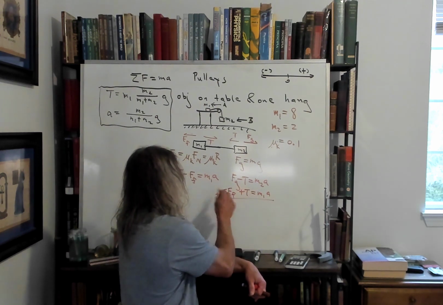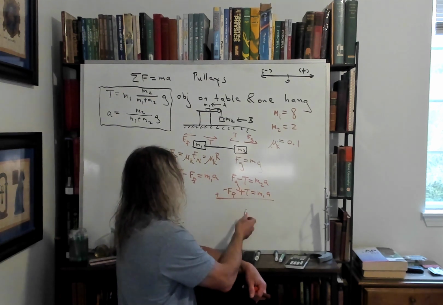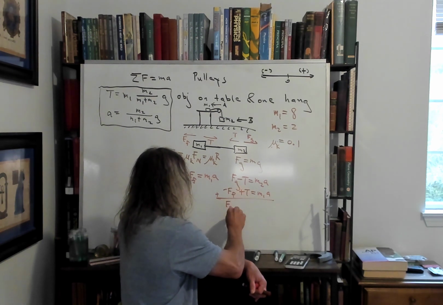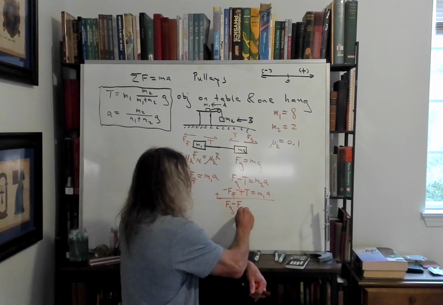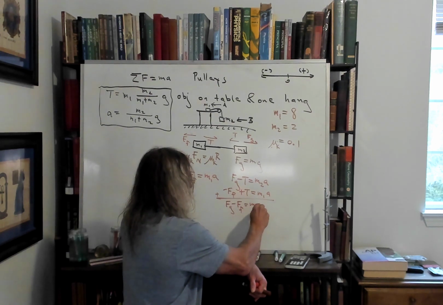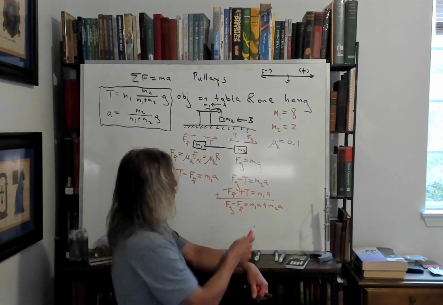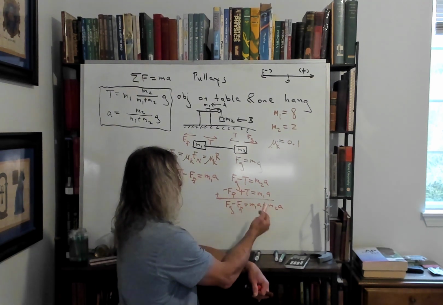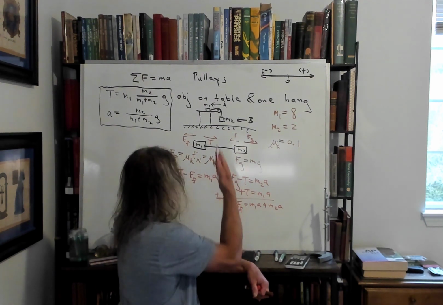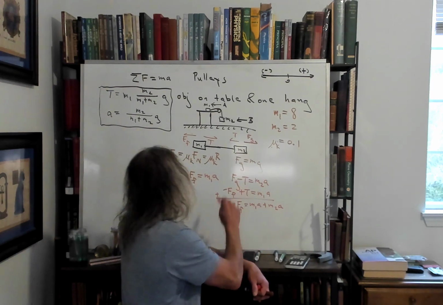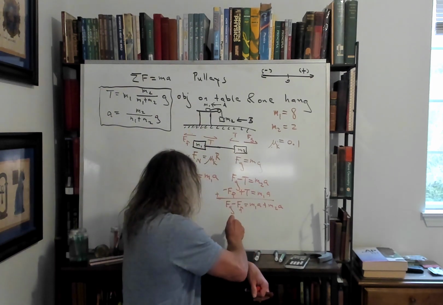Add them together, T's cancel out. Then factor out the a, divide by m1 plus m2 as we did before. Same concept, just review the video.